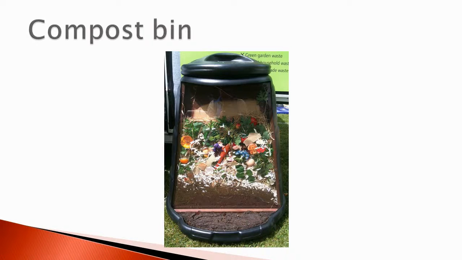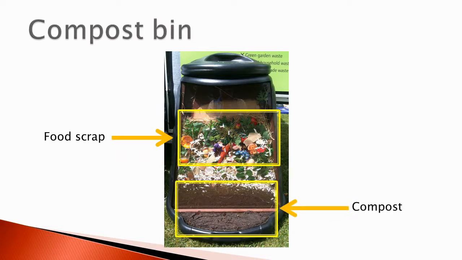As you can see from the picture, food scrap covers the top part of a compost bin, and compost covers the bottom part of a compost bin. It shows that the food scrap will turn into compost over time.